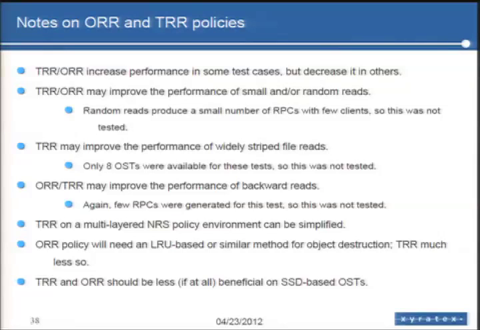Some notes: TRR and ORR may help in lots of different scenarios, and they may be beneficial to some scenarios, or they may be beneficial to a generic workload. And what I mentioned before about TRR is that the original idea was to use it in a multi-layered NRS framework. So you would have TRR at a higher level. It will distribute RPCs against different OSTs, and then you would have ORR, or perhaps another level of TRR inside each OST. But this is something for the future again.